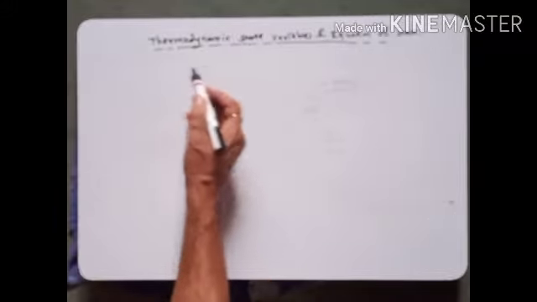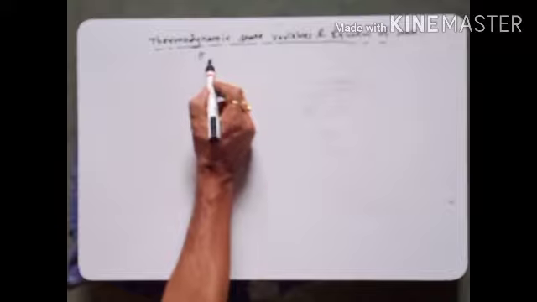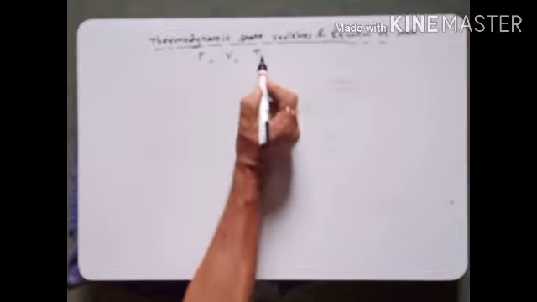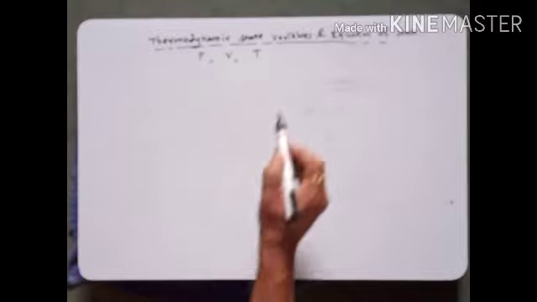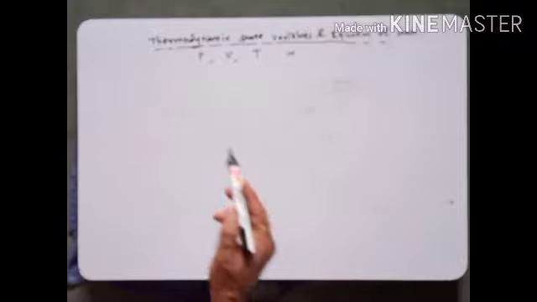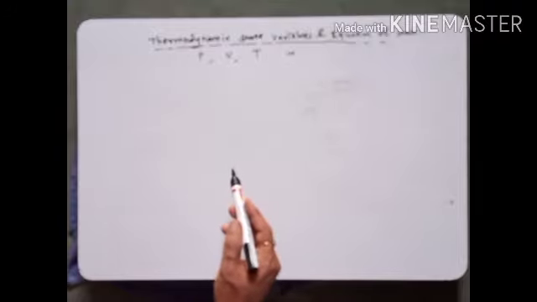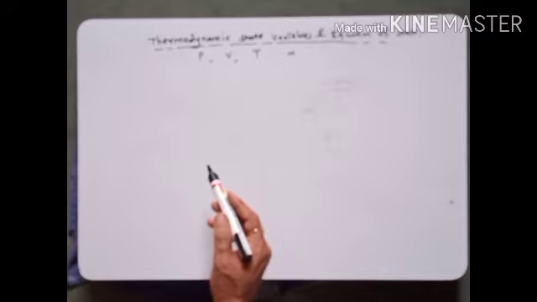Here you see, thermodynamic state variables: pressure, volume and temperature and mass M. If it changes, then that system is not in equilibrium. And when these all are constant, then it is in the equilibrium state.